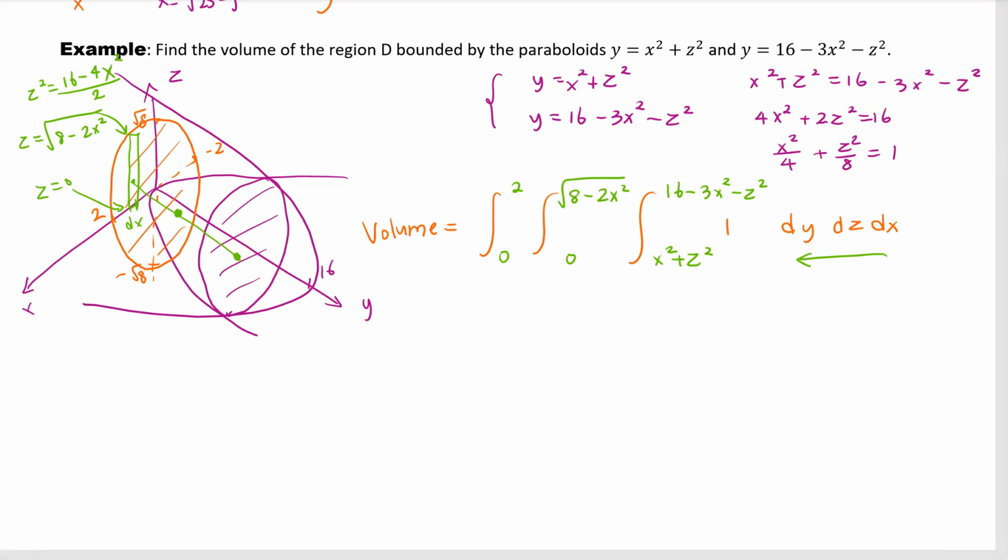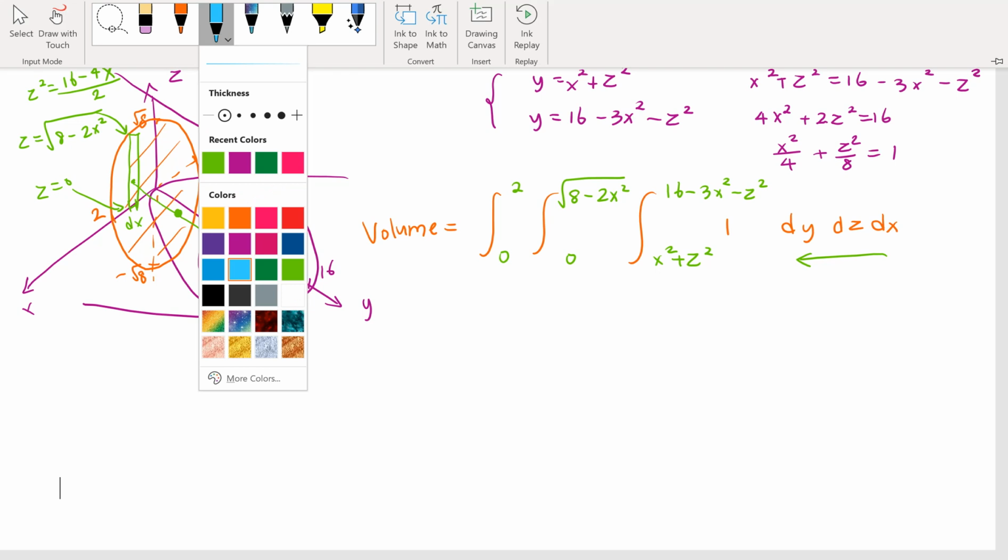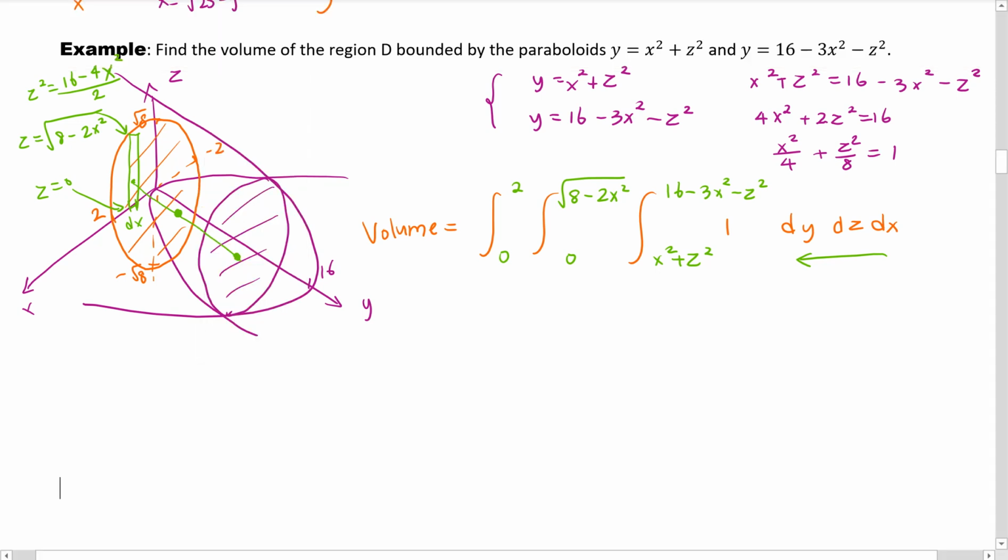It just needs some trig integrals, trig identities, some algebra, and substitution. It's just more complicated. But maybe I can set it up with the other order. Let's practice, because I would say the most difficult part is how to set up the triple integral. Once you set it up, then you just compute from the inside to the outside.